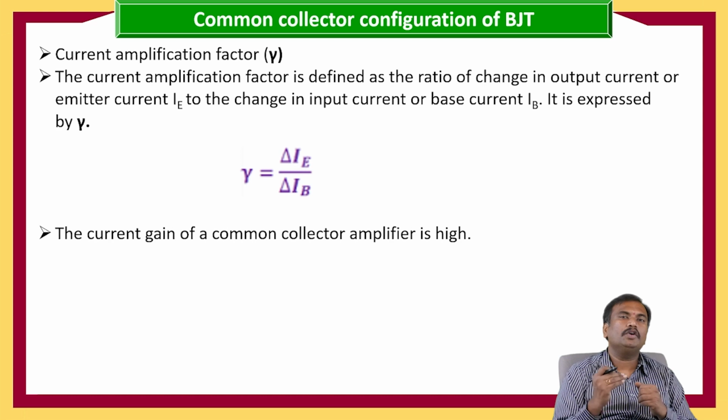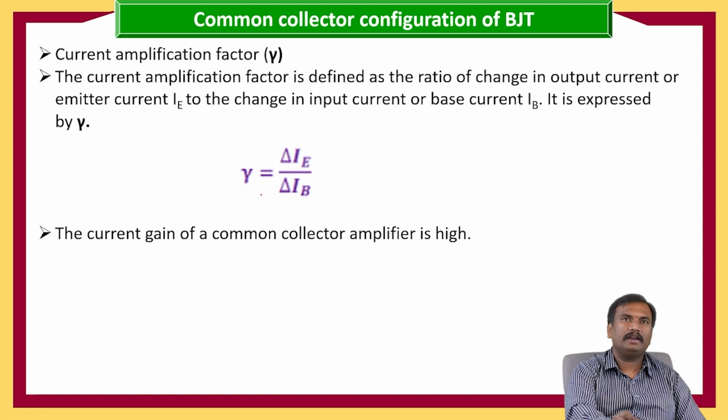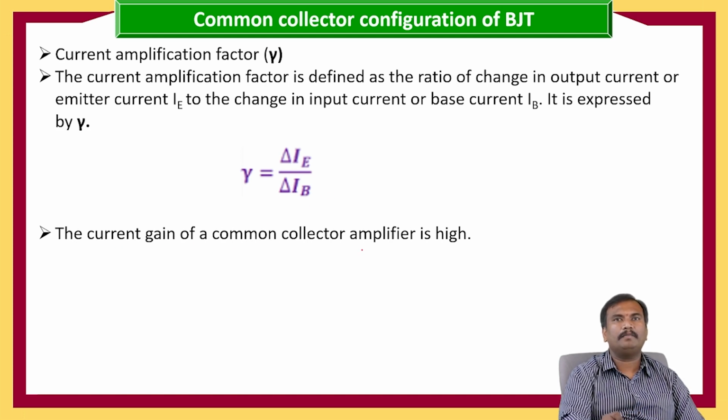Corresponding changes we need to consider while calculating it, where gamma is equal to delta IE by delta IB. Here the current gain of the common collector amplifier is high.